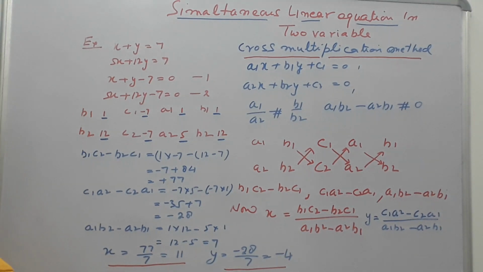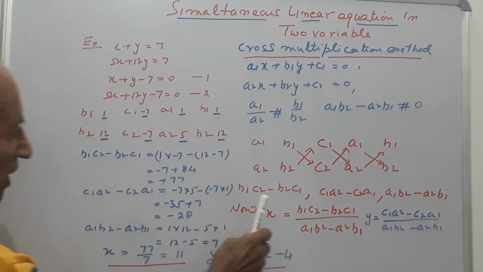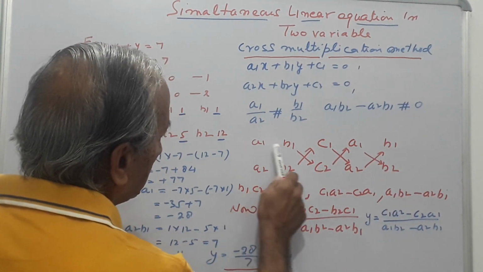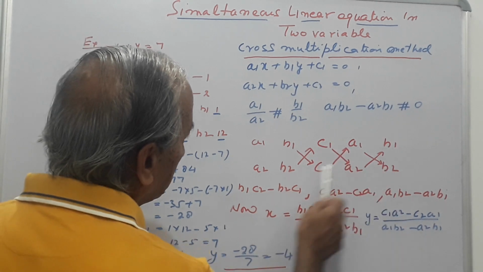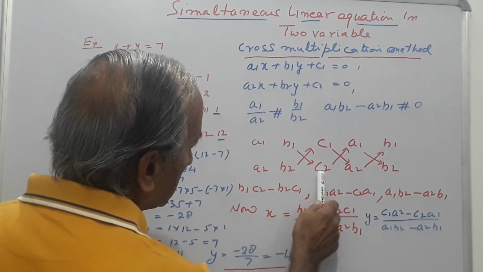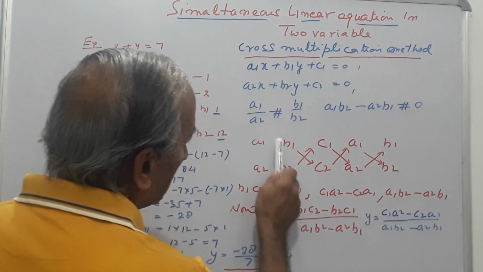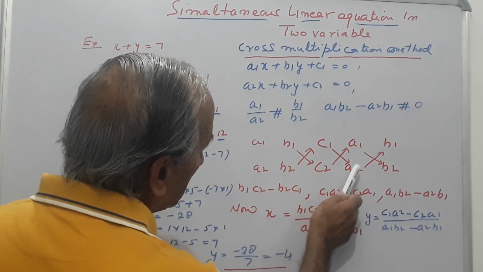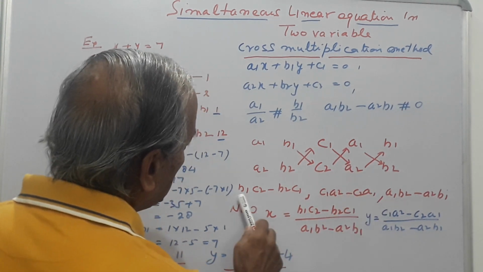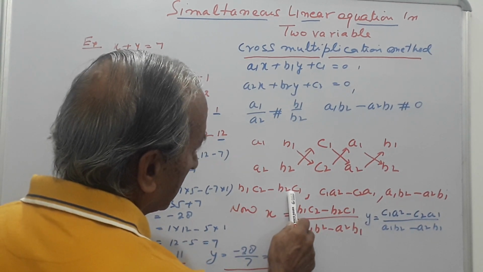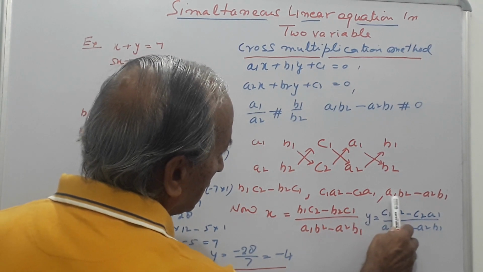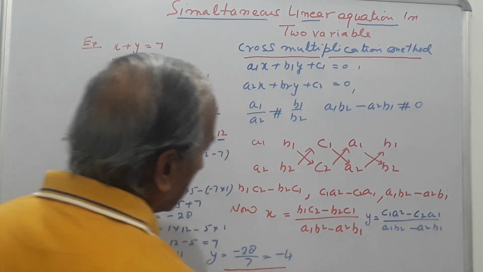In this method, first take the constant term to the left hand side, then write the coefficients in this manner: a1 b1 c1 a1 b1, then a2 b2 c2 a2 b2. Cross multiply to get the values of b1 c2 minus b2 c1, then c1 a2 minus c2 a1, then a1 b2 minus a2 b1.